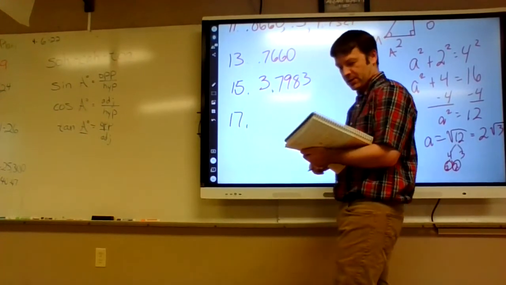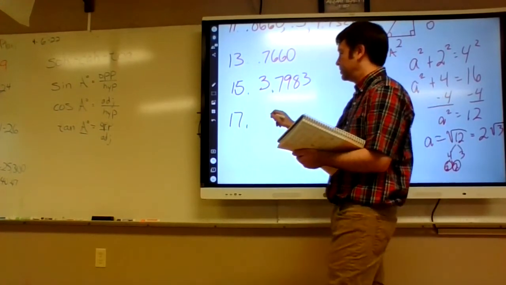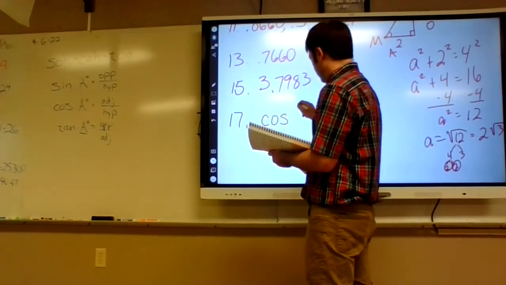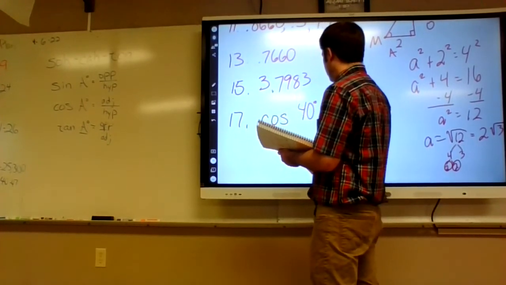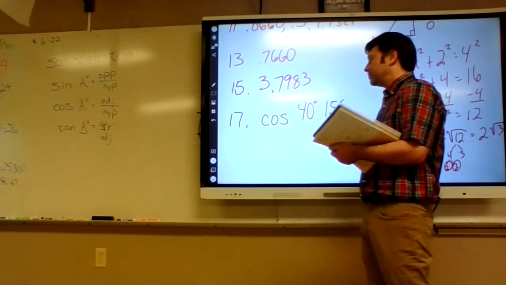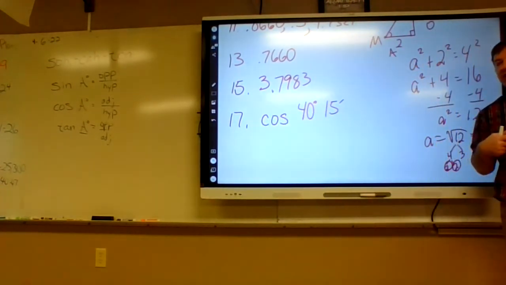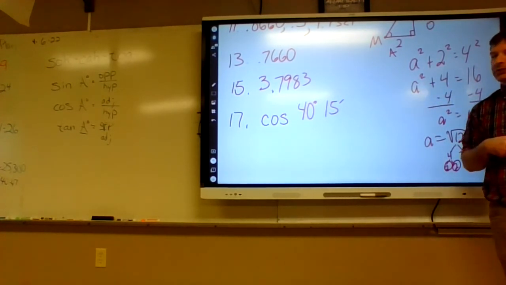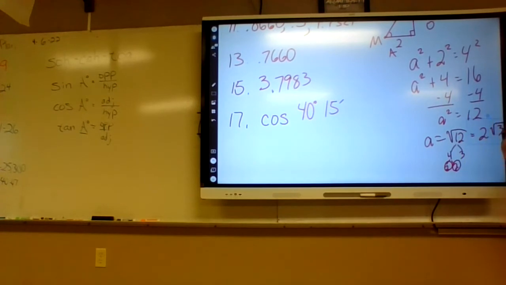17. Okay, 17 is weird. So this is what they wrote. The way you say that is cosine of 40 degrees and 15 minutes. 1 minute is 1/60th of a degree.